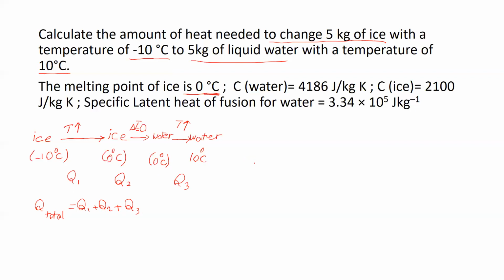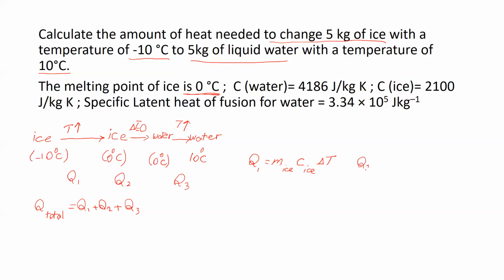Q1: because it's ice, and we just want to increase the temperature of ice, there is no change of phase here. Ice to ice with different temperature. So we need to use the formula m c delta T. So this is m ice, c ice times delta T for ice. That is Q1.